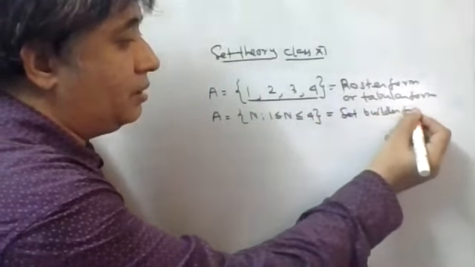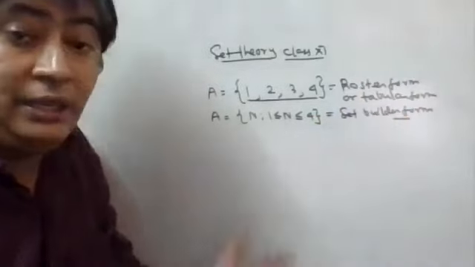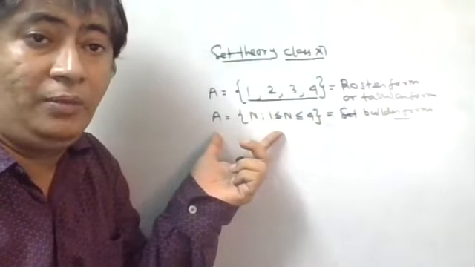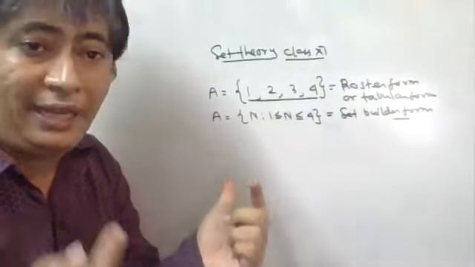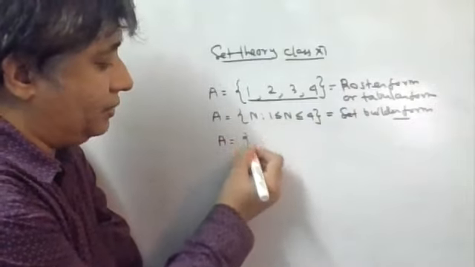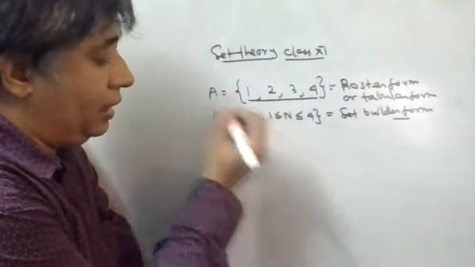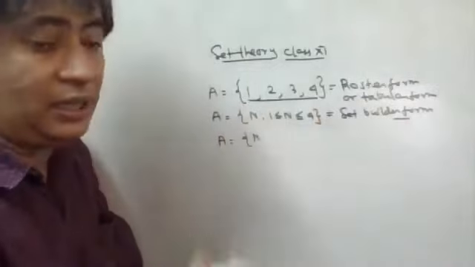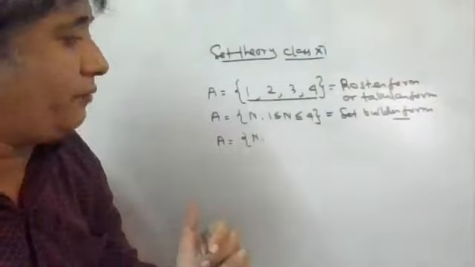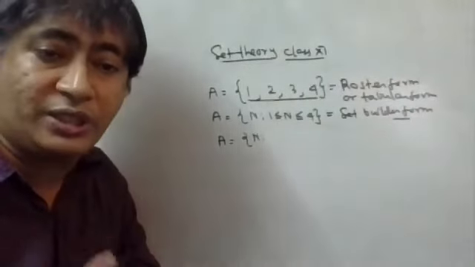What is the privilege we get from set builder form? If you are told to write 100 elements, and you write in the way you wrote in tabular or roster form, it will just encroach on time.